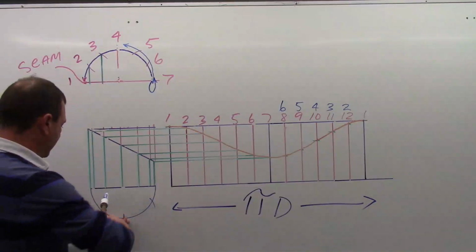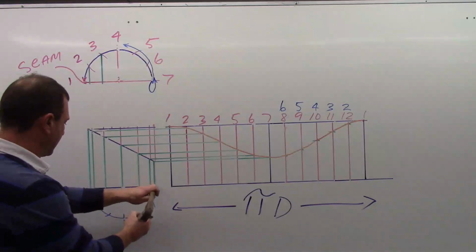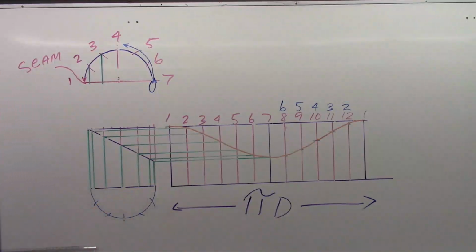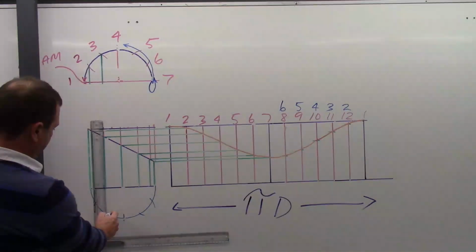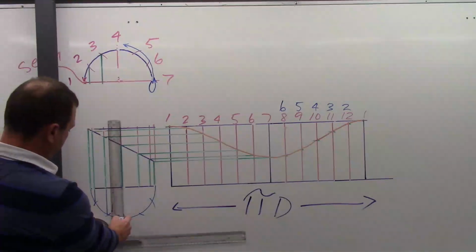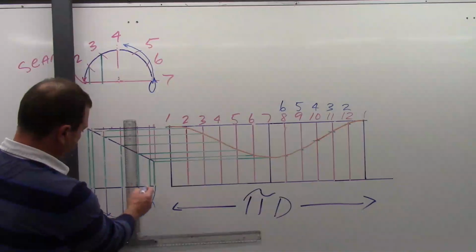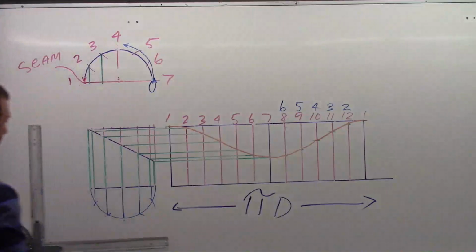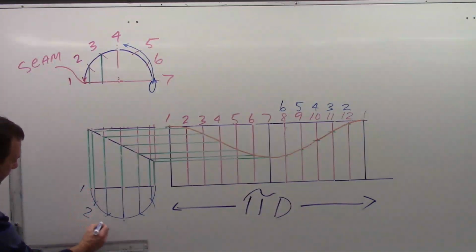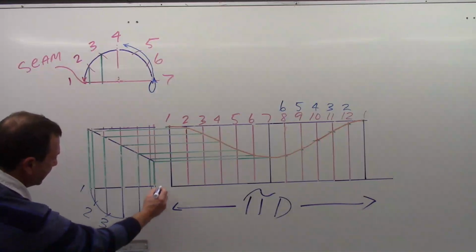Keep my radius and I'll divide that. Now I can project those up. Notice they hit in the same spot. One, two, 3, 4, 5, 6, 7.